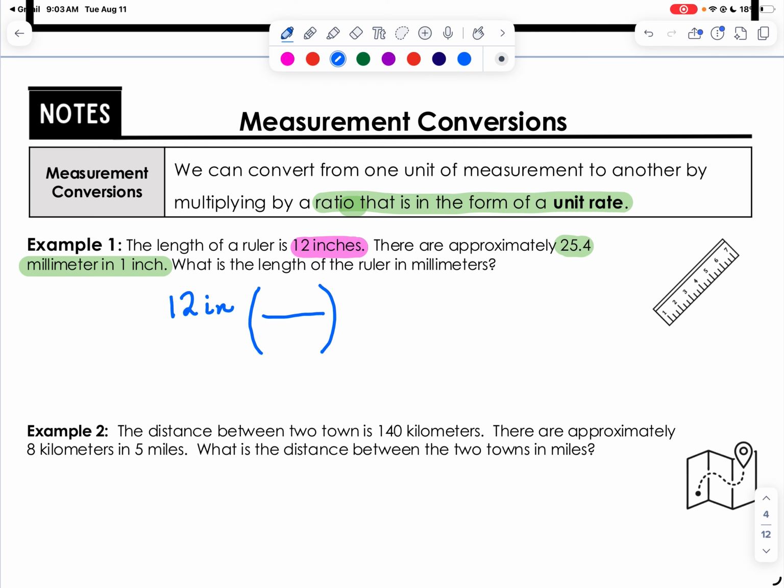So you have to decide which one of those numbers is going to go in the numerator and which one is going to go in the denominator. Now, the way I do it is whatever unit you have here, that's the unit that will go in the denominator. So in this case, I'll put 1 inch in the denominator and 25.4 millimeters will go in the numerator, all right?